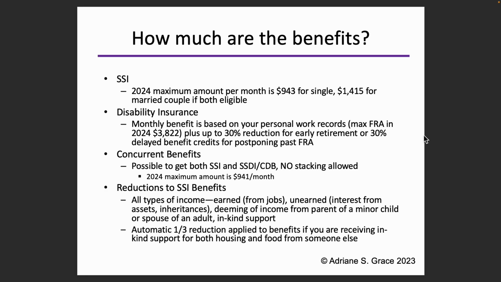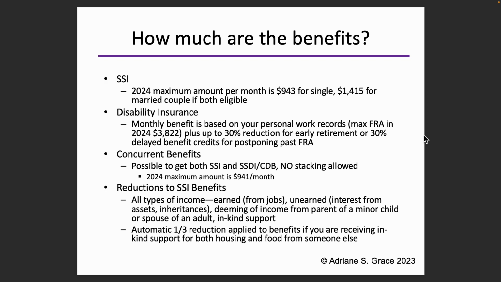They let you keep basically the first $85, and then after that, for every $2 you earn, they'll reduce your SSI benefit by $1. So that's why I said it's possible for your child to have their SSI and work, because it's not a dollar for dollar rule on the earnings.